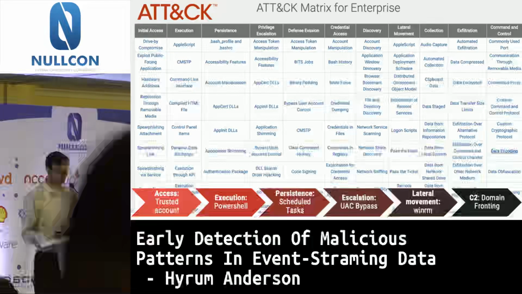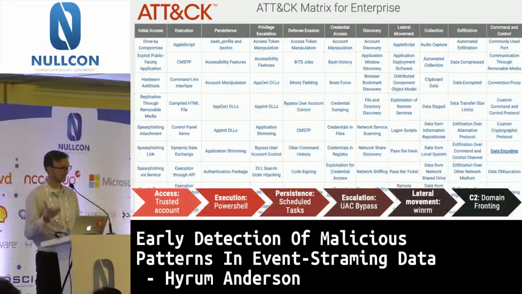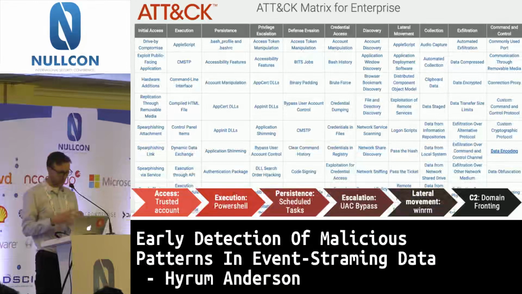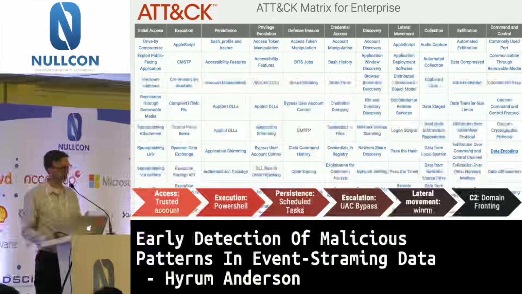He might move laterally using WinRM, which is a tool that probably most of you use. And he communicates with his command and control server using something like domain fronting over SSL, so you don't really know what's going on. That is a logical chain of events that you're not going to find with an IOC. So you need to focus on behaviors, and ATT&CK helps you to find what those techniques and behaviors are.